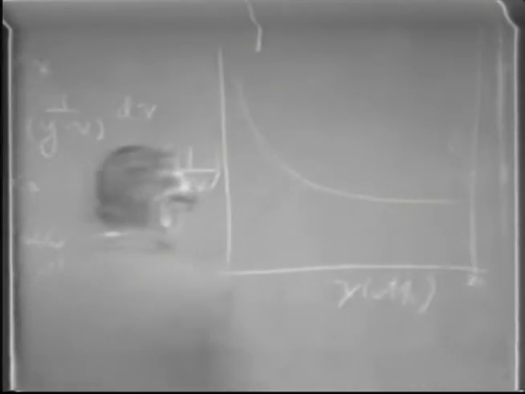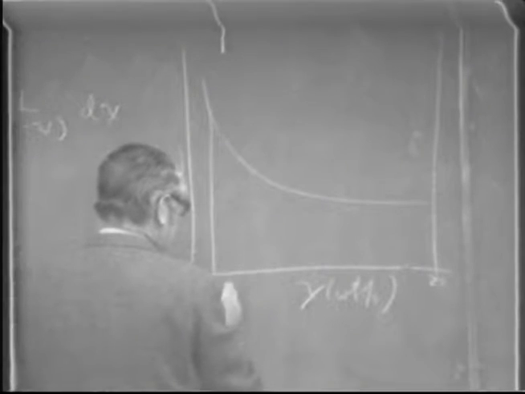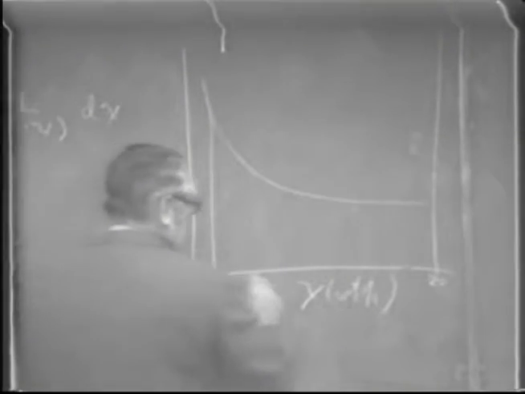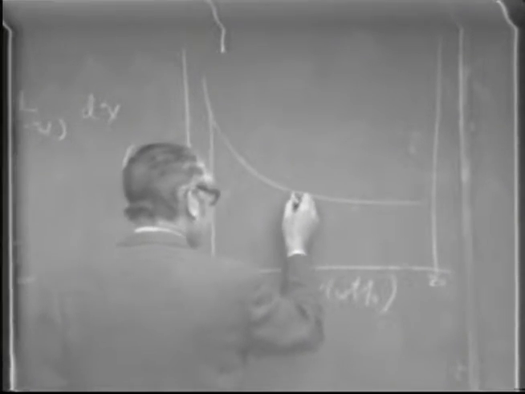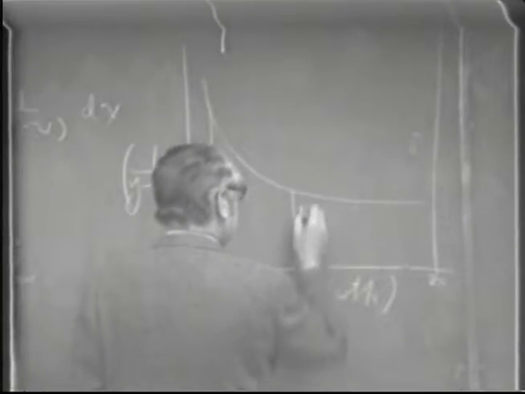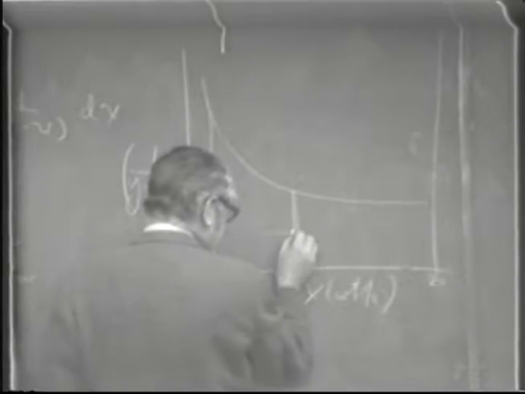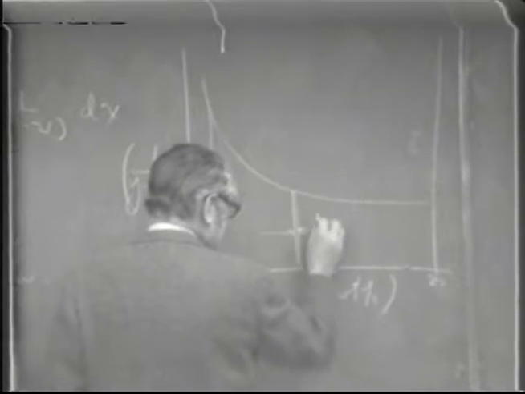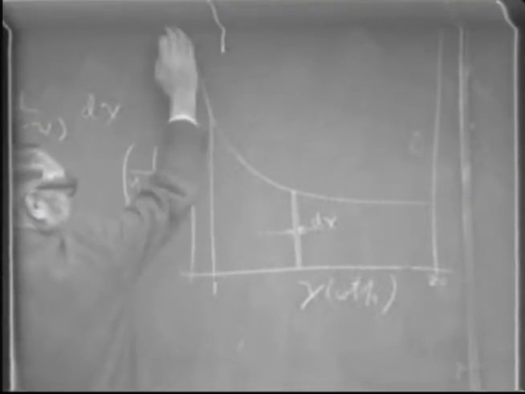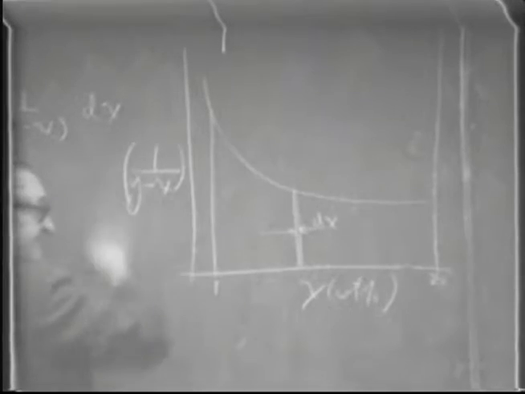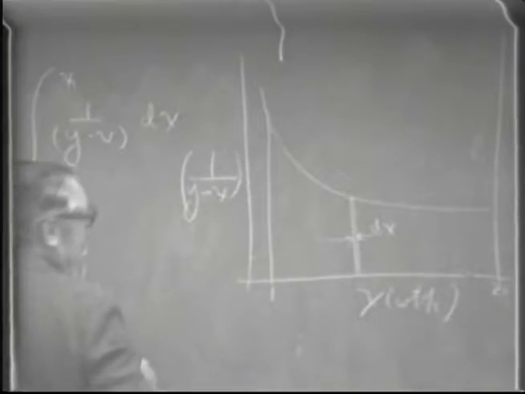And so what you do when you integrate graphically between two values here is simply we're adding up the sum of the little differential quantities of x multiplied by the vertical dimension, which is 1 over y minus x.